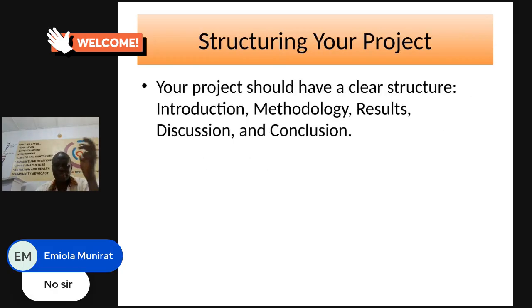The first one, 4.1, is your result presentation. The second one, 4.2, is going to be the interpretation of your results. Then 4.3 is going to be your discussion. Chapter 5 will be conclusion and recommendation.